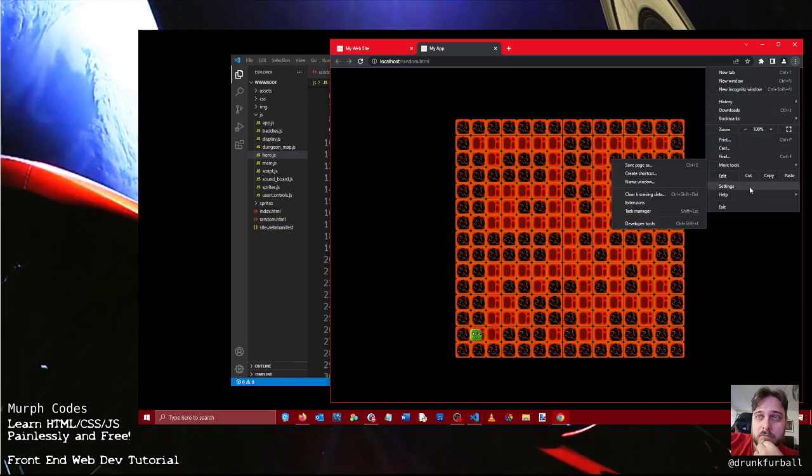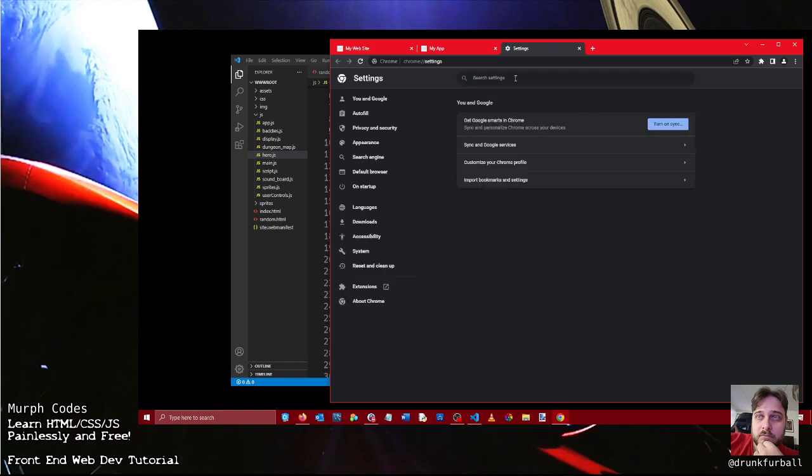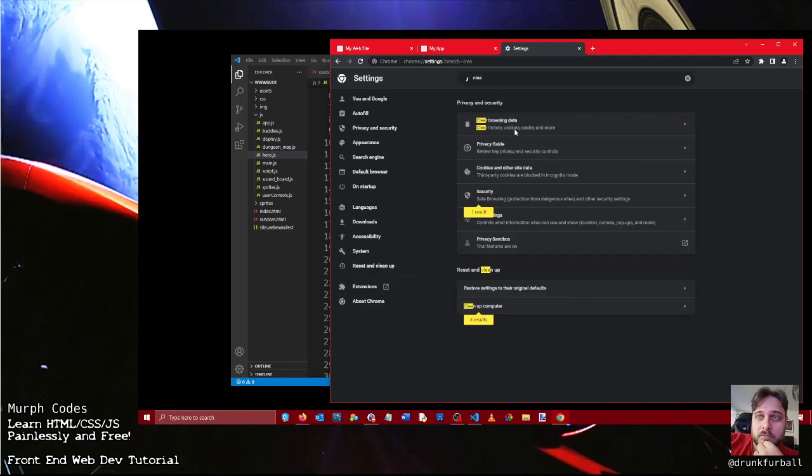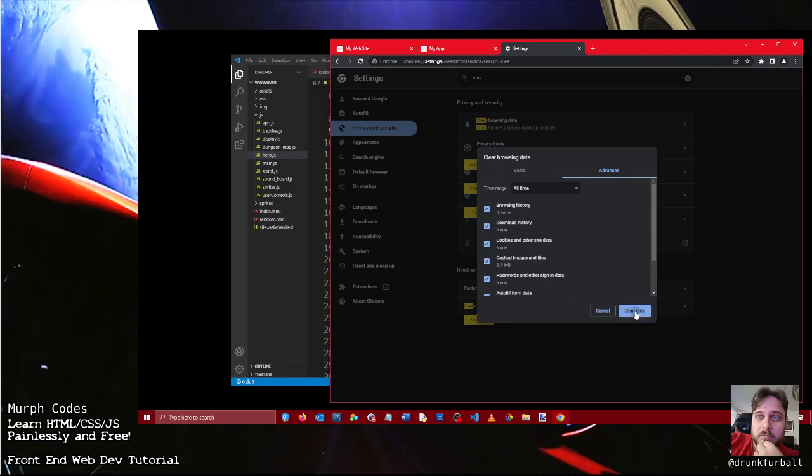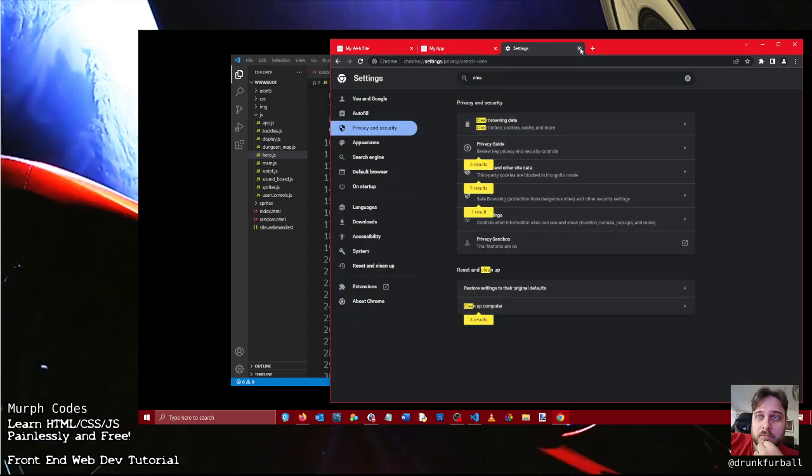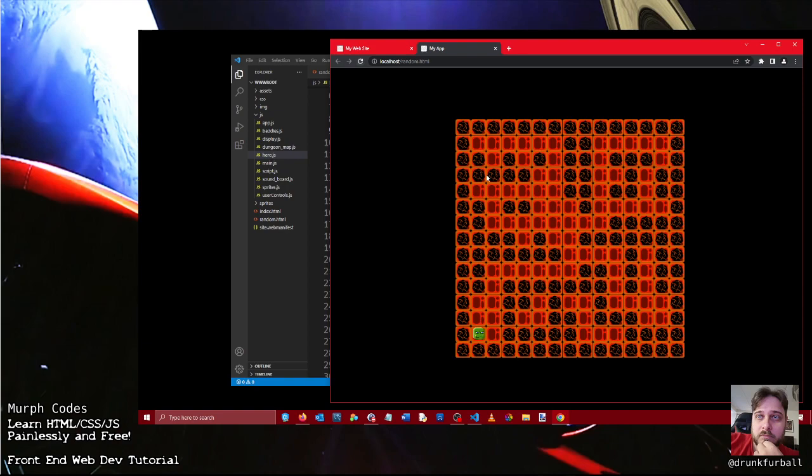Let's see. We need to clear the cache because otherwise it might not reload all of our files here. That is so slow. That is not ideal.